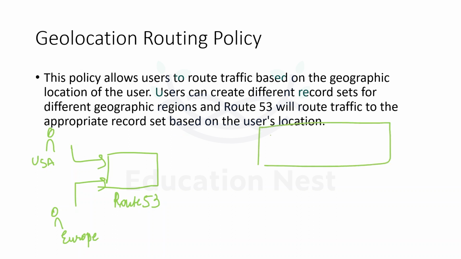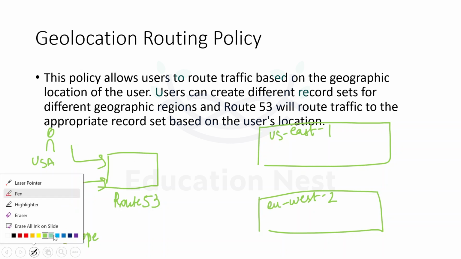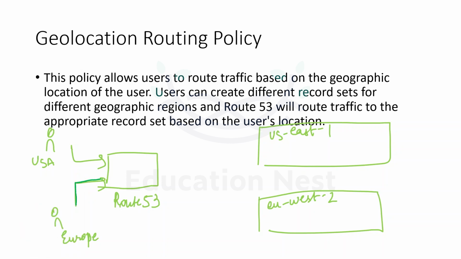The first environment is in US East 1 and the other environment is in EU West 2, let's say. Okay, so here the request coming from the USA person, let me just change the color of Europe.